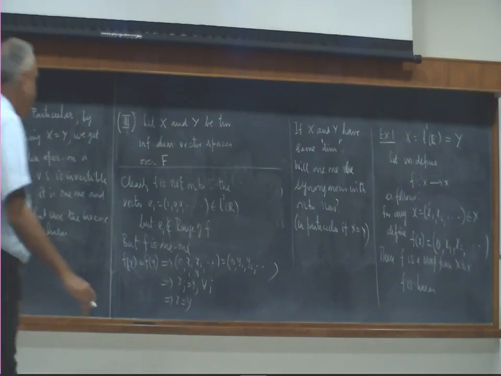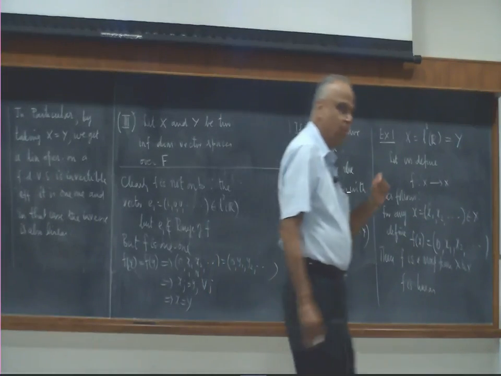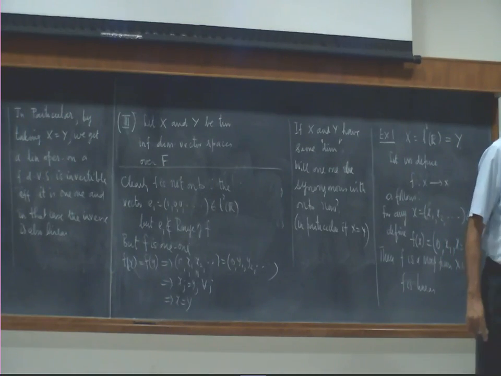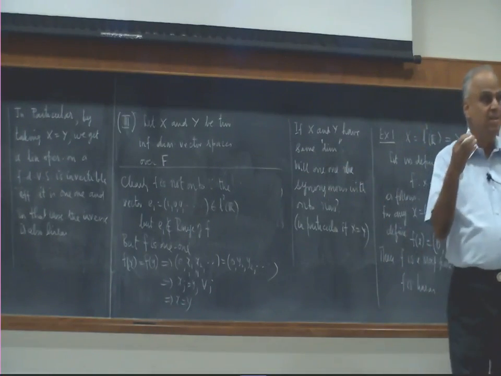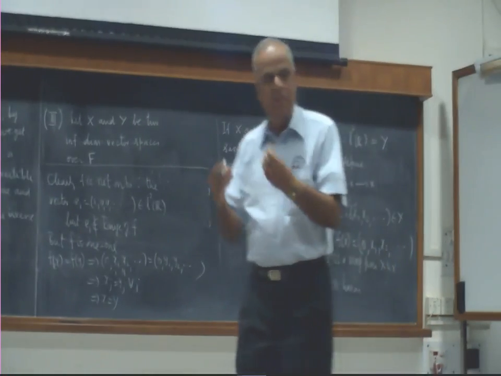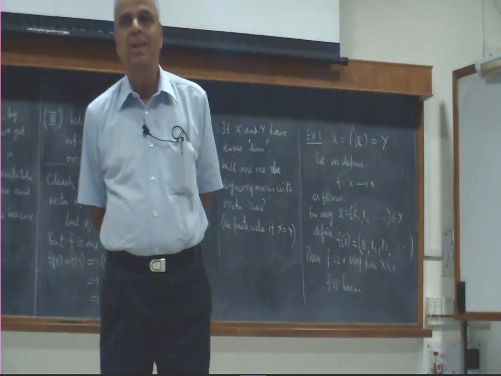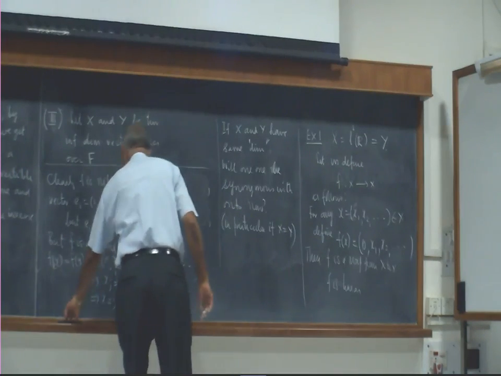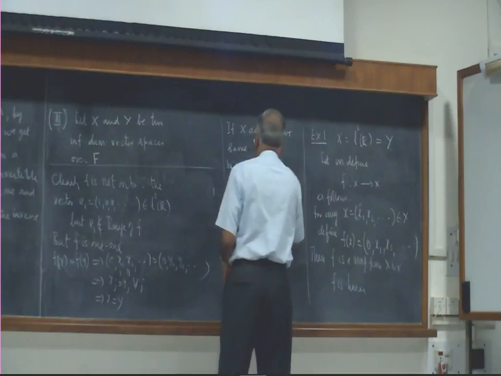So, therefore, we have a function now which is 1-1 but not onto. So, they are not synonymous, even though the dimensions are the same. Both are the same spaces in fact, and still 1-1ness does not mean onto. So, therefore, 1-1 does not imply onto.